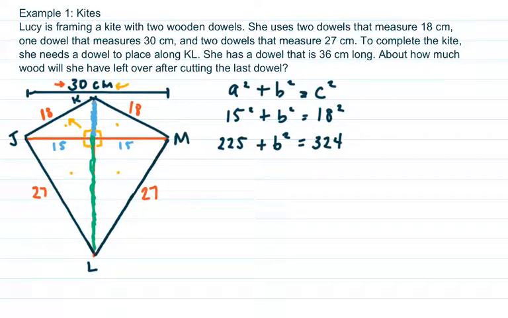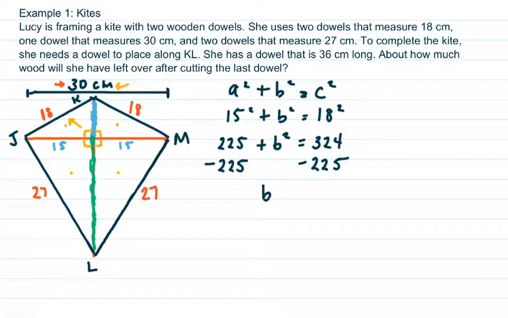Okay, so then all I have to do is subtract the 225 so that I just have b squared by itself. So I'm going to subtract 225 from both sides.